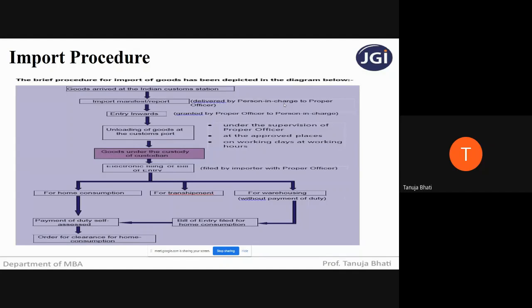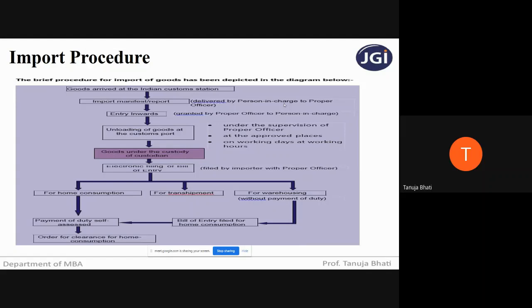He has to submit a report called the import manifest report to the proper officer. Now you know who the proper officer is. That is the officer appointed under customs to take care of these import procedures. So he is the proper officer.